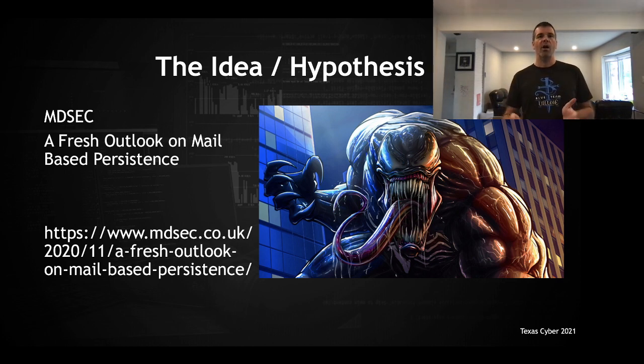The TLDR of this article is that you can create a macro as a user with just user permission that will control what happens when Outlook receives an email. So basically, each time you receive an email, you can actually launch a VBA script that will execute any type of command.